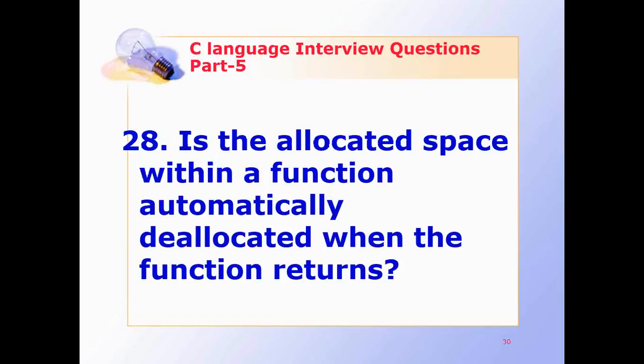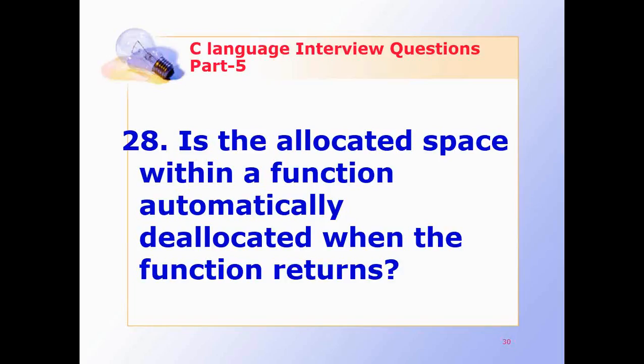Is the allocated space within a function automatically deallocated when the function returns? No. A pointer is different from what it points to. Local variables, including local pointer variables in a function, are deallocated automatically when the function returns.